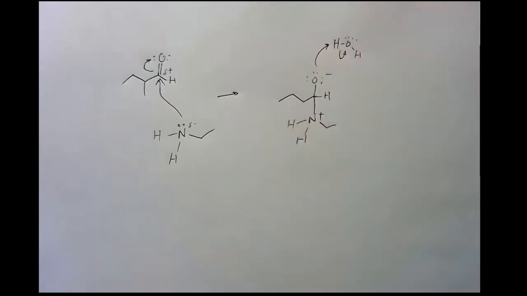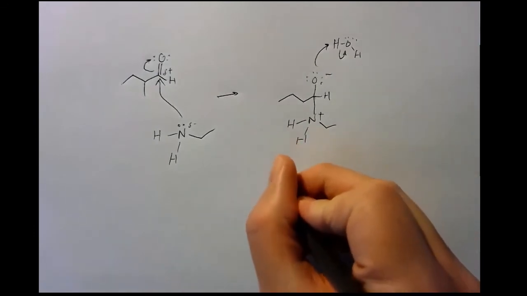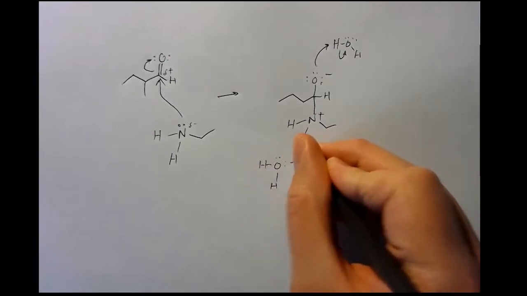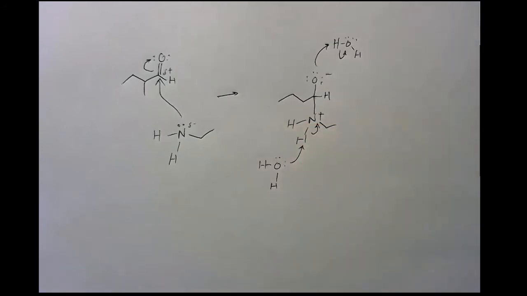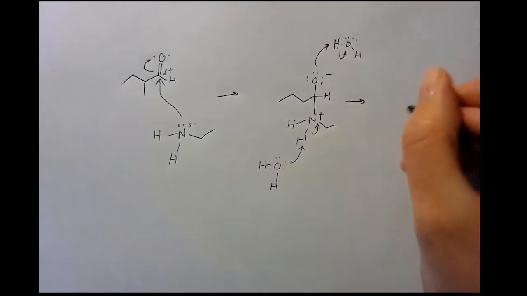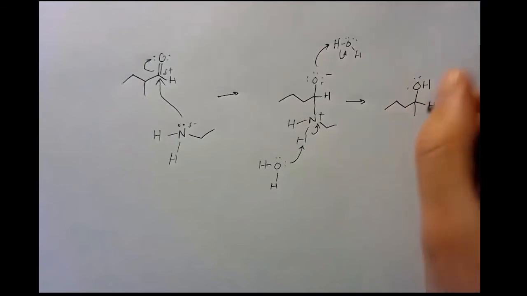We can protonate our oxygen, and then we'll want to deprotonate our amine. So we're going to restore it to a neutral state, so we don't have all of our charges.